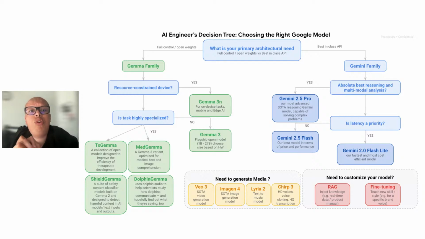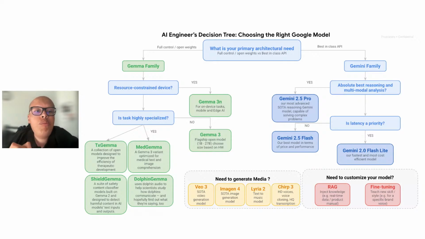Then if we go to the other path, which is best-in-class APIs, we have the Gemini family, where we will be diving deeper later. If I need the absolute best reasoning and multimodal analysis, then our flagship model is Gemini 2.5 Pro.